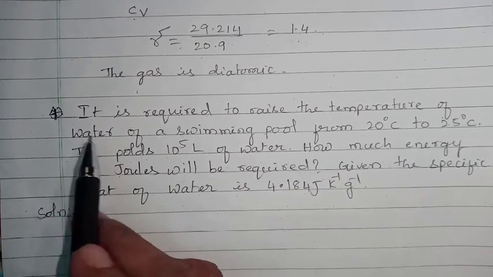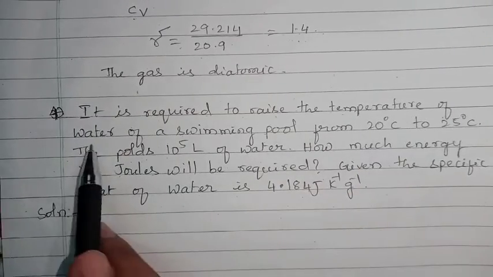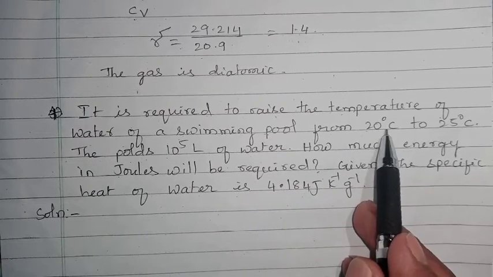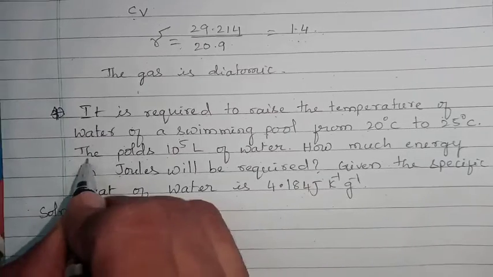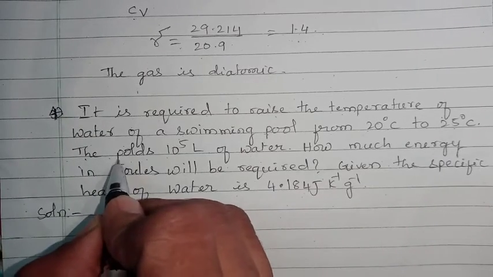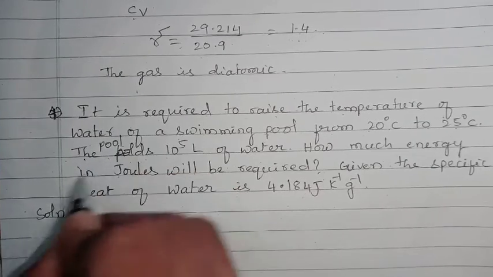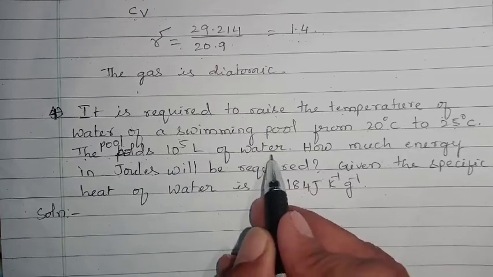Fourth problem, it is required to raise the temperature of water of a swimming pool from 20 degrees Celsius to 25 degrees Celsius. The pool holds 10 to the power of 5 liters of water.